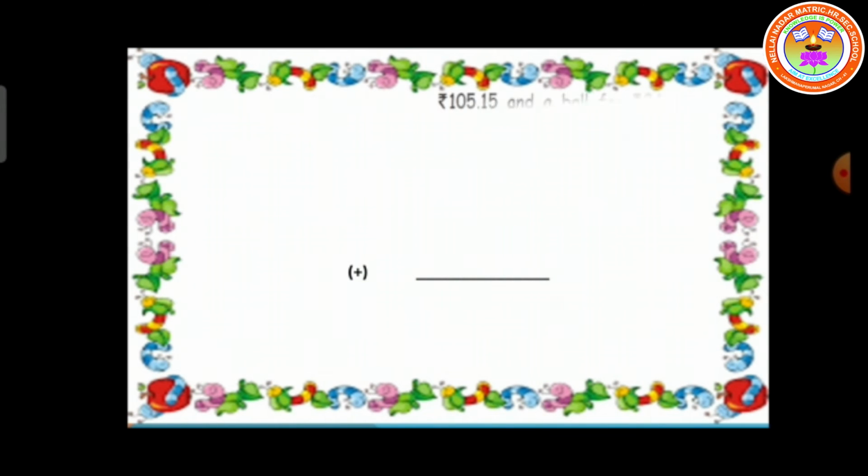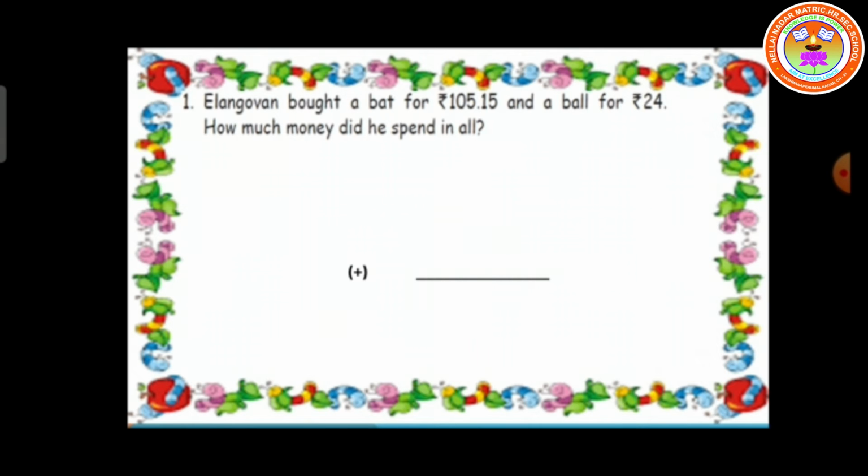Next, word problems. First question. Ilangovan bought a bat for 105 rupees 15 paise and a ball for 24 rupees. How much money did he spend in all? So Ilangovan bought a bat and ball and they have given the amount value for it.